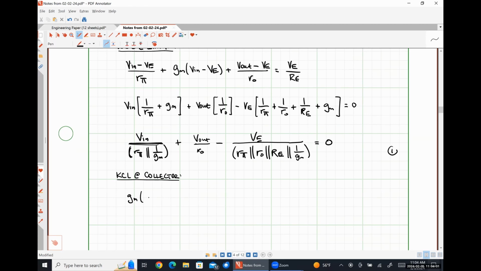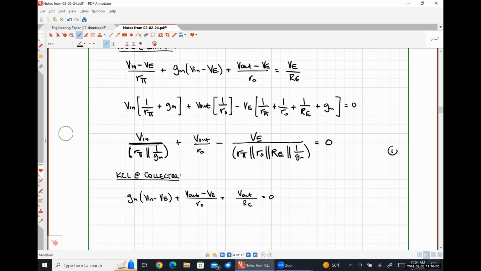So I'm just going to substitute that in as well. Then we'll have Vout minus Ve divided by r naught, and then Vout over RC. Set this equal to 0.